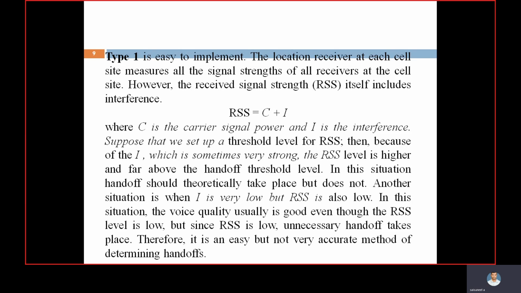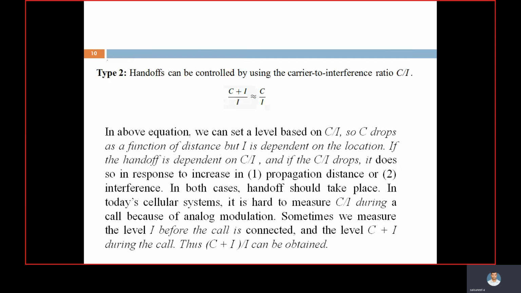Next, type 2 is based upon the carrier to interference ratio, C by I. In the C by I ratio, C drops as a function of distance. Whenever the mobile unit is very near to the base station, the power is high. Whenever the mobile station moves to the boundary of a cell site, the carrier power is automatically reduced.